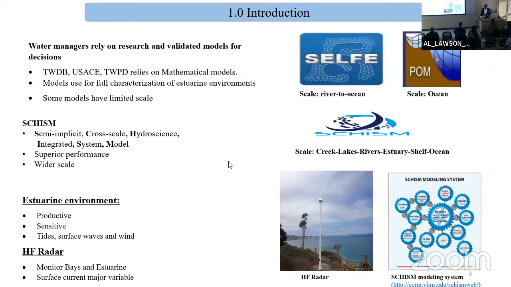As well, the SCHISM model has demonstrated the capability of resolving the complex terrain of the estuarine environment. And that is why we are applying this model in this project.